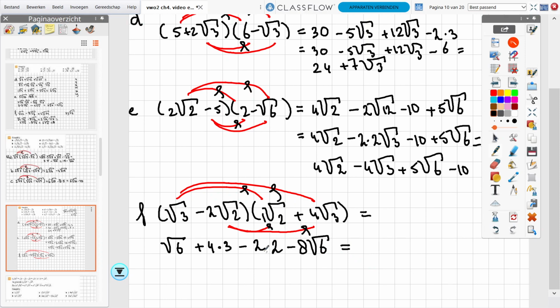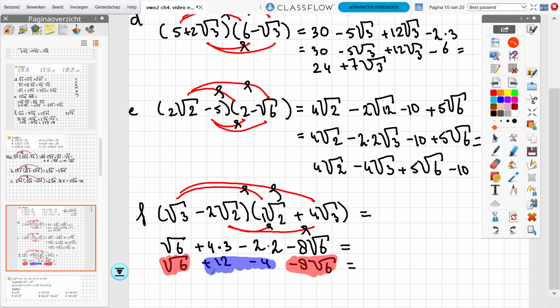And now we have to check. First do the calculations. We have root 6 plus 12 minus 4 minus 8 root 6. And this we can simplify, right? Remember, these two are like terms, and these two are like terms.